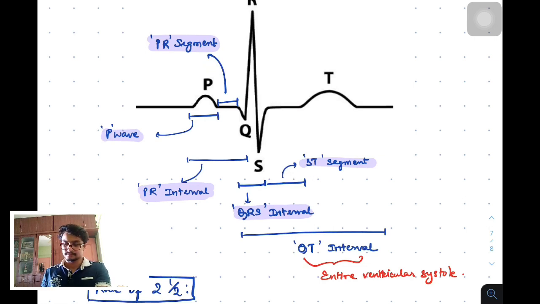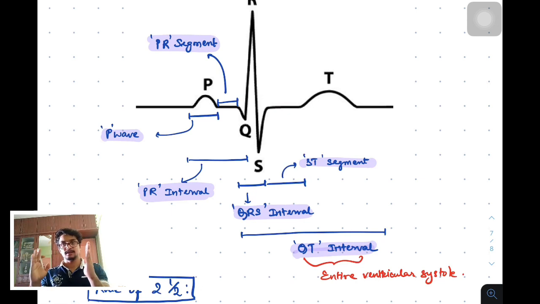The QT interval means from the start of the Q wave till the end of the T wave, and this QT interval represents the entire ventricular electrical activity. So QRS denotes ventricular depolarization, ST denotes the ventricle is completely depolarized, and the T wave represents repolarization.